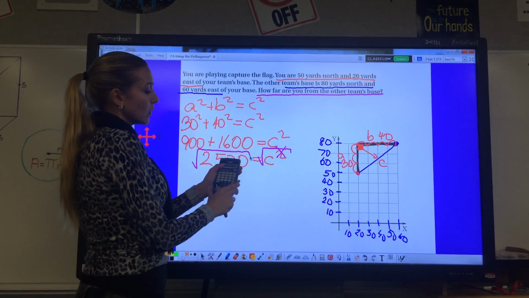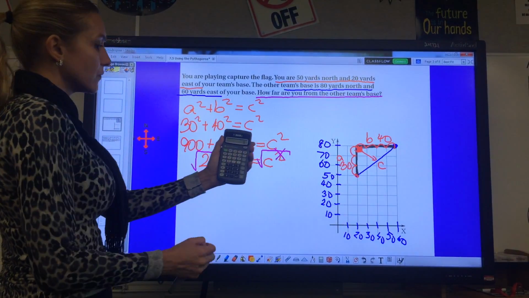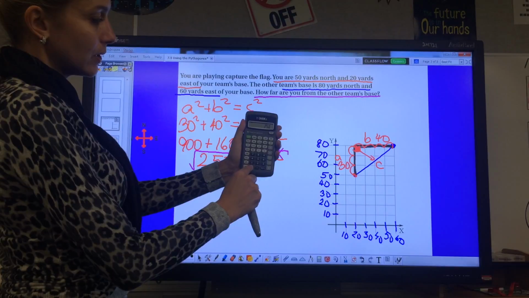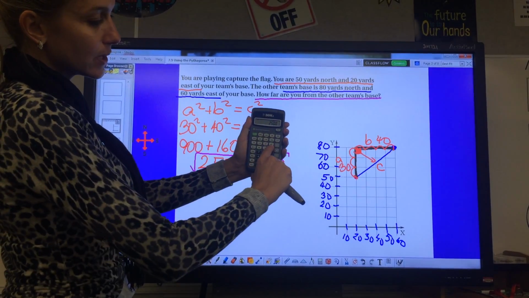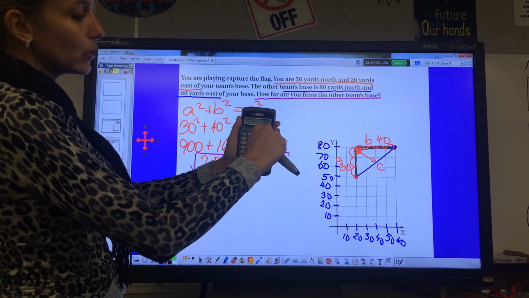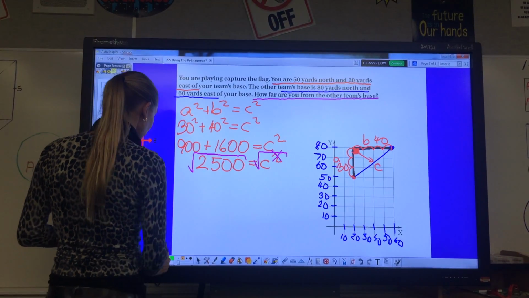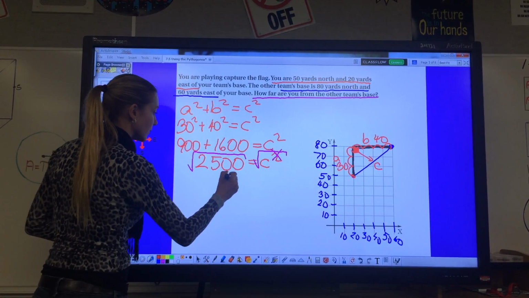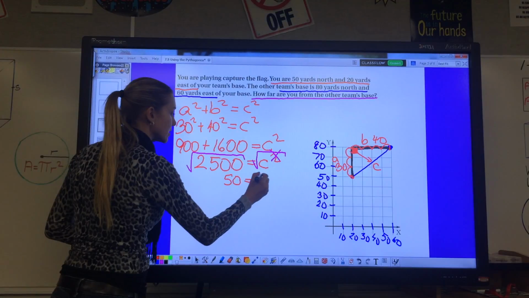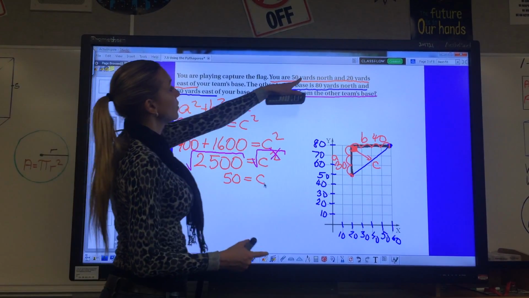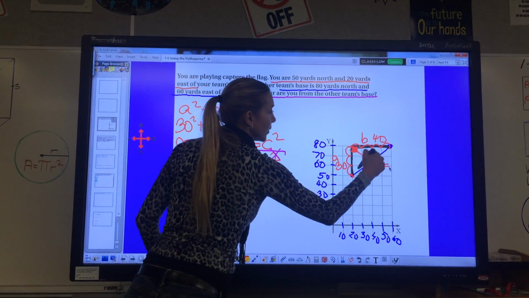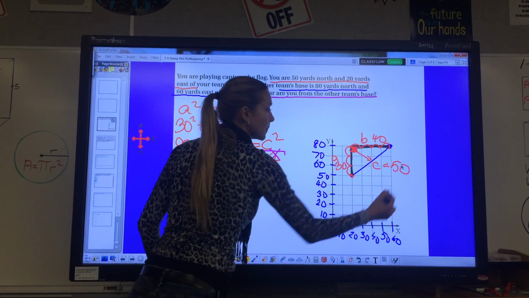If you put in your calculators the square root of 2,500, remember the square root is this button in here, I hit that and I will get 50. So using the Pythagorean theorem, I figure out that 50 is C. 50 yards is the distance between these two points.